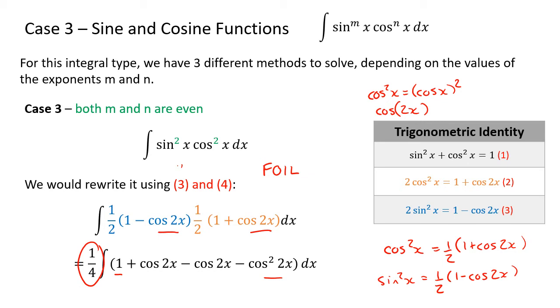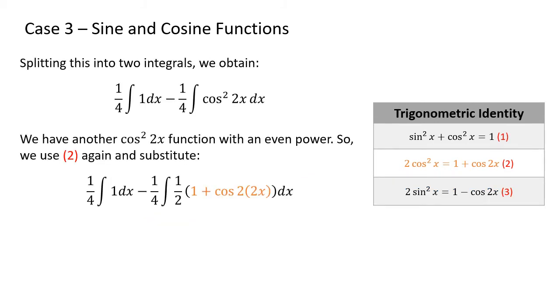Another fact I'll note here is you notice we have a cosine 2x minus cosine of 2x. So those two terms actually cancel out. So we're actually only left with 1 minus cosine squared of 2x. So rewriting that, we have the term with the 1 and the term with the cosine squared of 2x, so we can split that into two integrals.